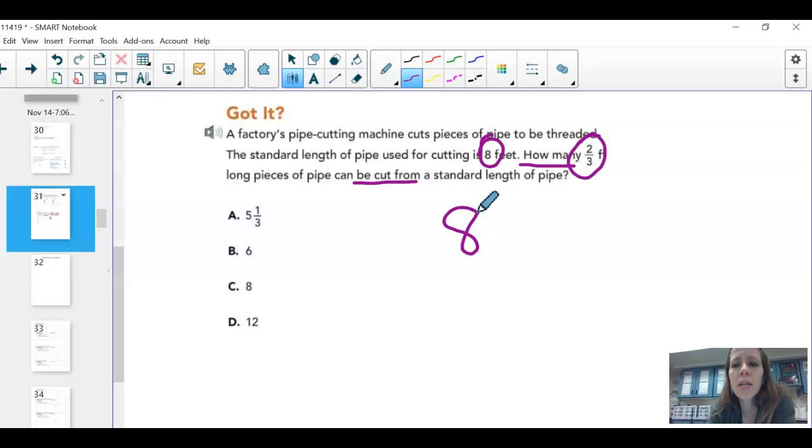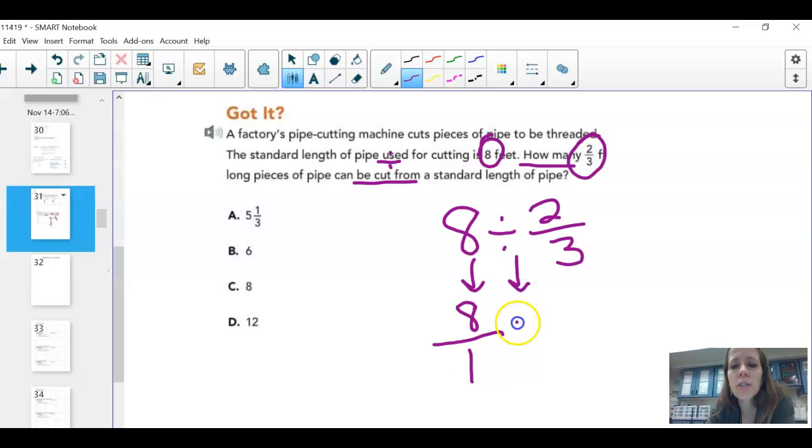I want to know how many groups of 2/3 can I make? Here's my problem. Okay, so if there are 8 feet and I'm cutting into it, so I'm dividing it by 2/3. The first number stays the same, 8/1. I'm going to change this to multiplying. You can't just divide across.